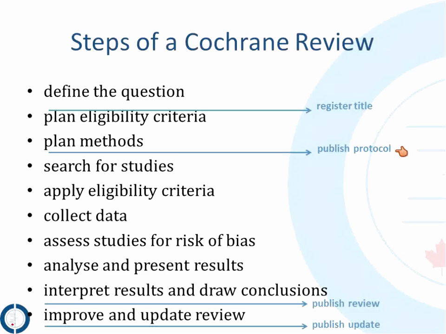Only then do we proceed with the review, running a systematic search to identify all the included studies, collecting information from each study, assessing each study for bias, and analyzing and interpreting the results. The review is then published.